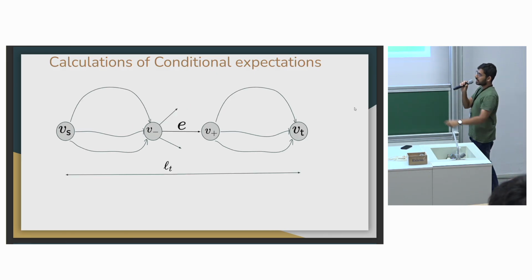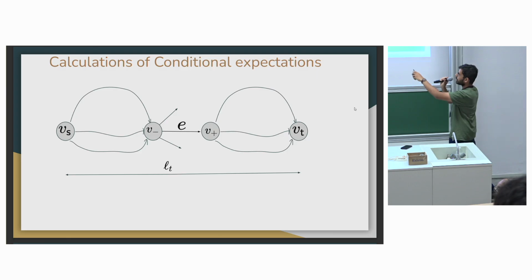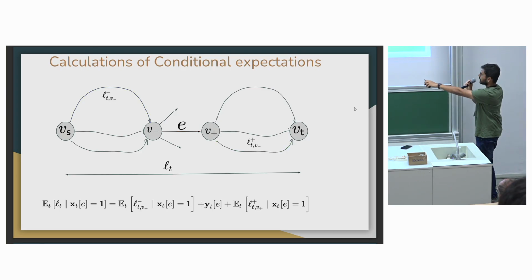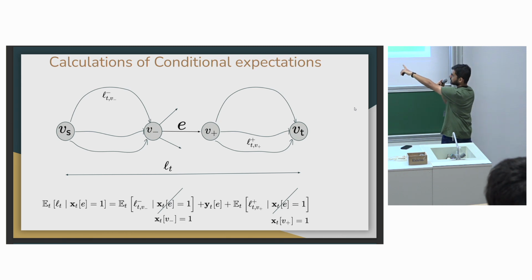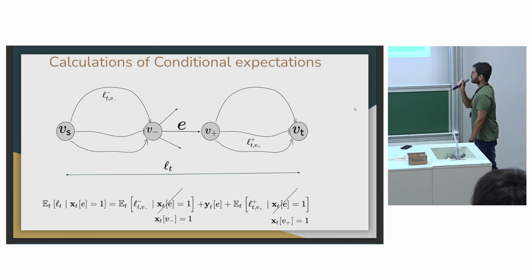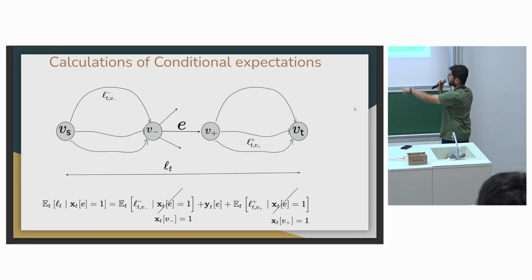Similarly, if we condition on passing through an edge, it splits into three parts: the left-hand side, the middle edge, and the right-hand side. This is where the Markovian property kicks in, because I can replace the conditioning on edges by the corresponding vertices.